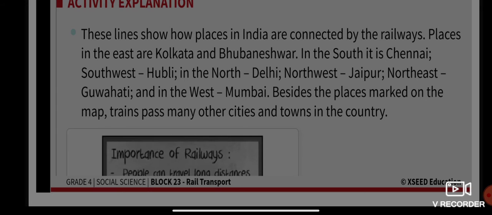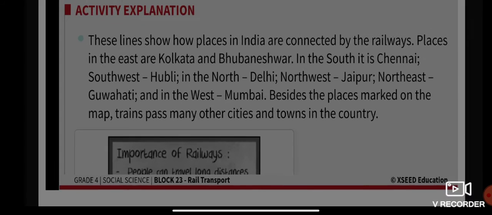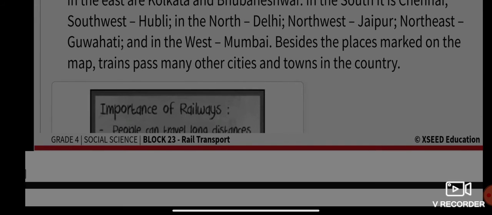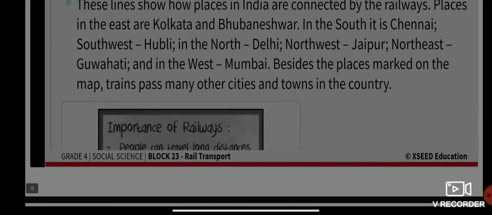In the south it is Chennai, southwest it is Hubli, in the north it is Delhi, northwest it is Jaipur, northeast it is Guwahati, and in the west it is Mumbai. Besides these places marked on the map, trains pass through many other cities and towns in the country. It reaches even our place, Dimapur.